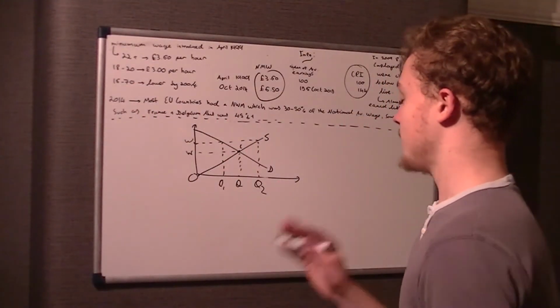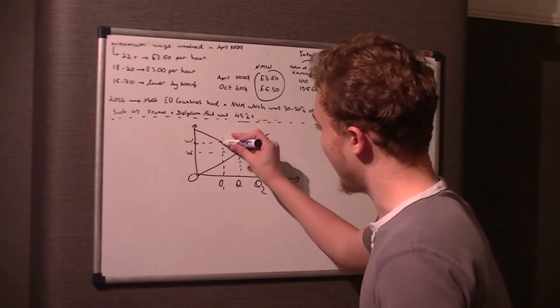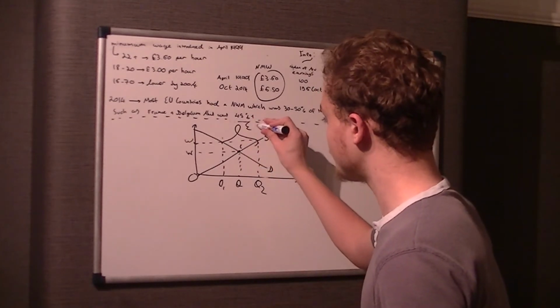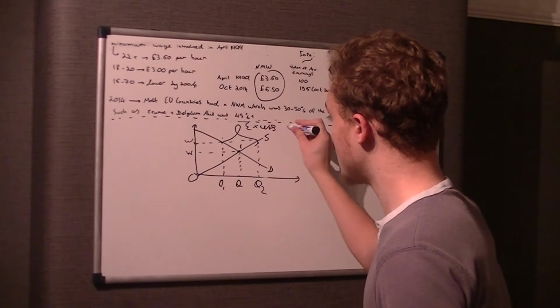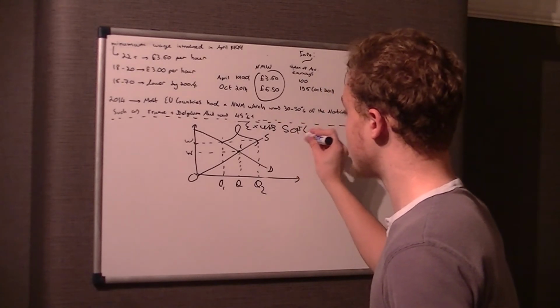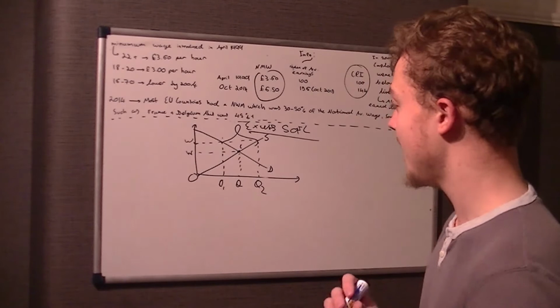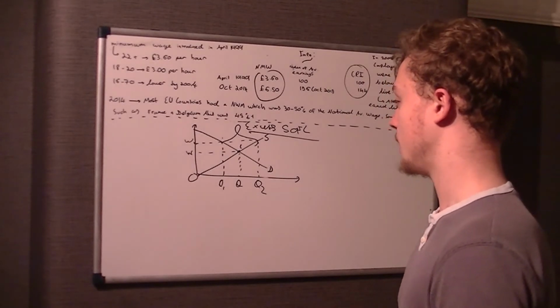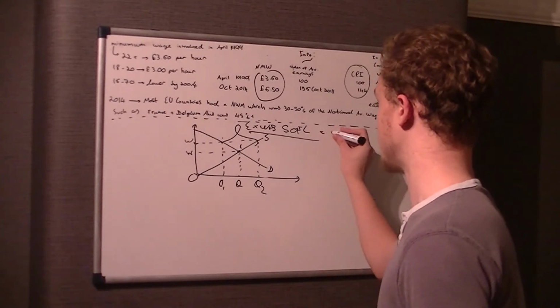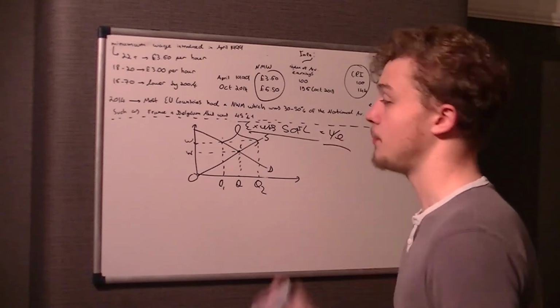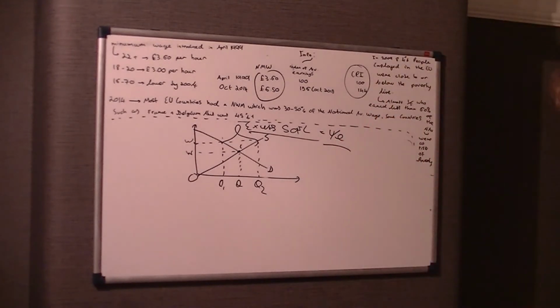So it's just a simple demand supply diagram, and we've got excess supply of labour. Obviously this represents unemployment, because there are too many people wanting the job than the employers actually want.